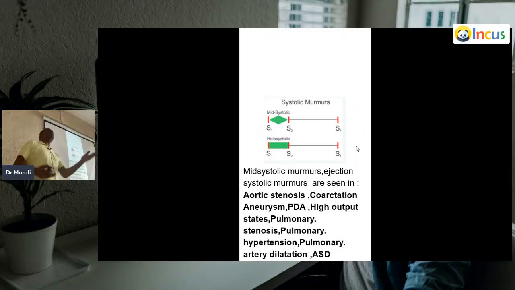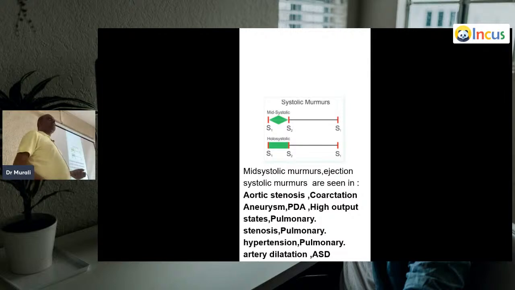So where do you listen to mid-systolic murmur? In aortic stenosis, coarctation of aorta, PDA, pulmonary stenosis, pulmonary hypertension. Anything that is causing the ventricle to struggle to push the blood at the time of ventricular systole will lead to development of a mid-systolic ejection systolic murmur.